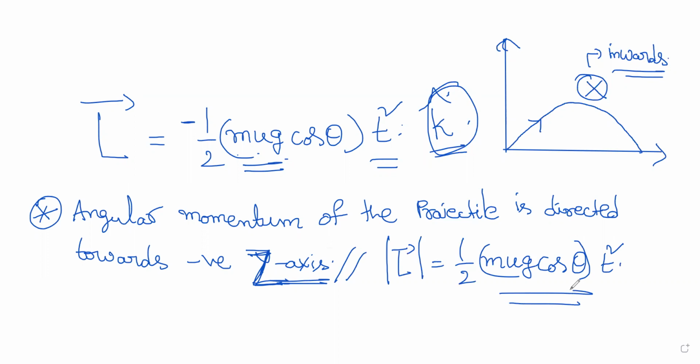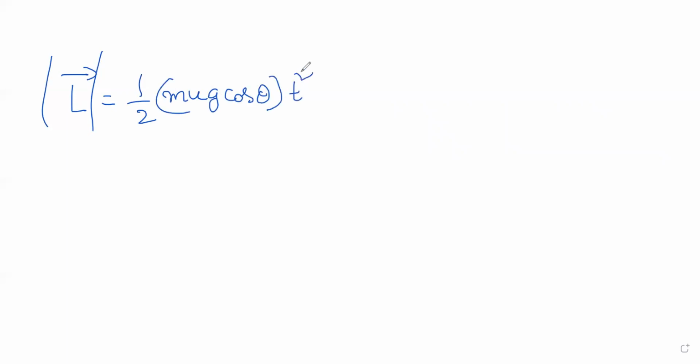Another take-home point is that this magnitude, half mug cos theta, instead of m u g cos theta, is very easy to remember. That's why I read like that, so the students can also remember that easily.